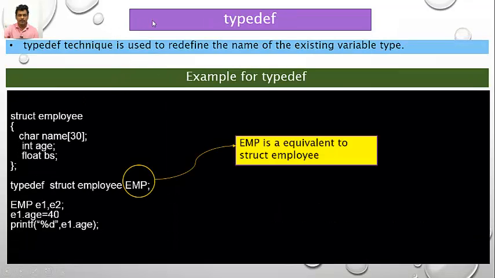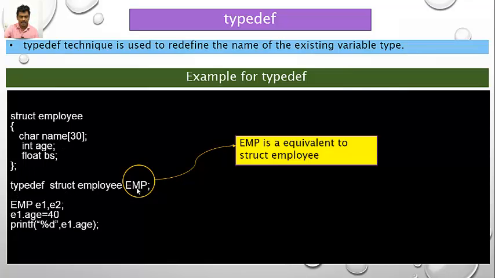Typedef is a technique used to redefine the name of an existing type. If we want to give a meaningful name to an existing declaration, we use typedef. Example: struct employee, character name of 30, integer age, float bs. These are all the elements of the structure. So this is the structure definition.